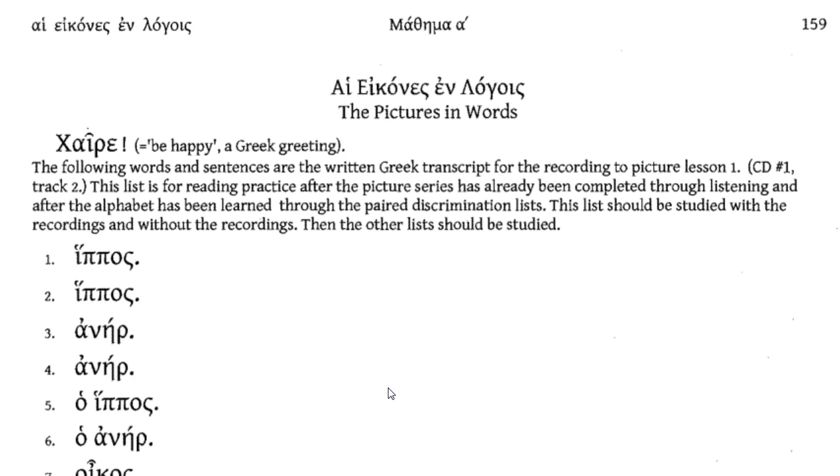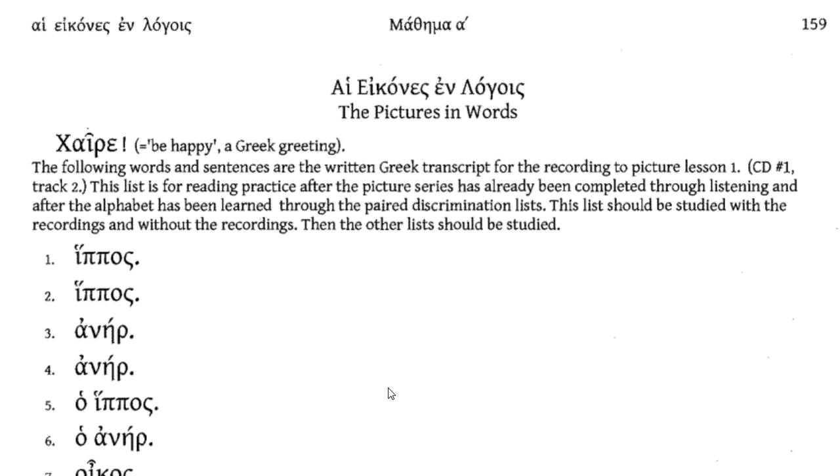Initially, listen to the audio and pronounce it after them. As you become more confident in your ability to read the Greek alphabet and put together the sounds into syllables, see if you can pronounce the words before the audio pronounces them, and then you can check your pronunciation against the audio.